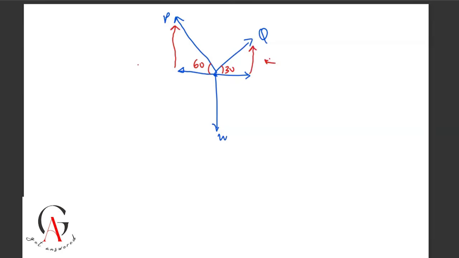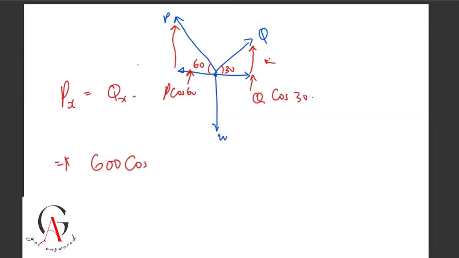So what we are saying is that we have the PX, since it's in equilibrium. PX is also going to be the same as the QX, the horizontal components. So this is going to be P cos of 60. This is going to be Q cos of 30. Just equate the two. We know that's going to be a 600. 600 cos of 60 should be equivalent to Q cos of 30.